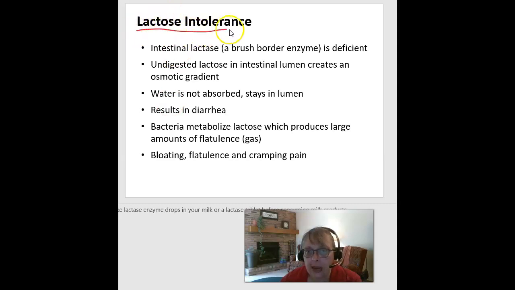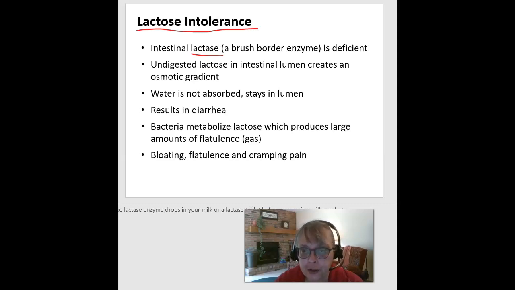And so lactose remains undigested in the lumen, and that causes a problem osmotically. So you have kind of this bigger solute than should exist drawing water into the lumen. And therefore, if water stays in the lumen, you often get kind of loose stool, diarrhea.